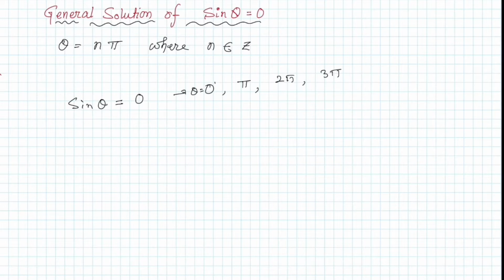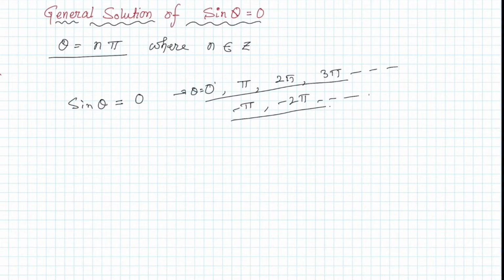Similarly, it will be 0 at minus pi, minus twice pi, and so on. So you can see all the solutions are integral multiples of pi. So that's why we can say the general solution of sine theta is equal to 0 is n pi, where n belongs to Z.